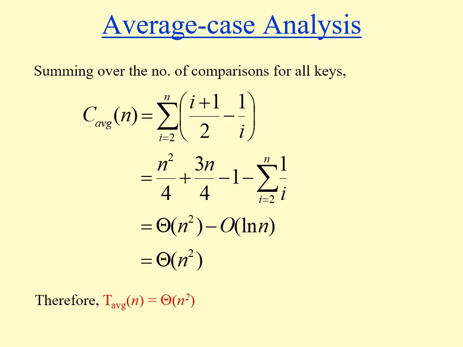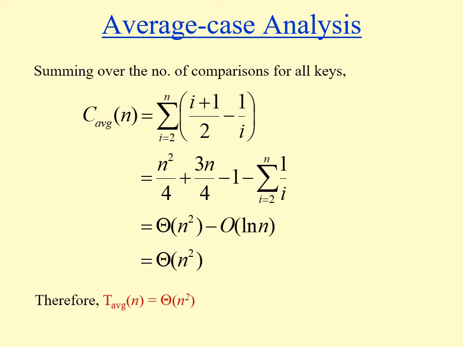Usually if there is only one independent variable in a summation, we prefer i rather than j. So here we use i plus 1 over 2 minus 1 over i, and then expand this one. Finally, we get this second line, the results.